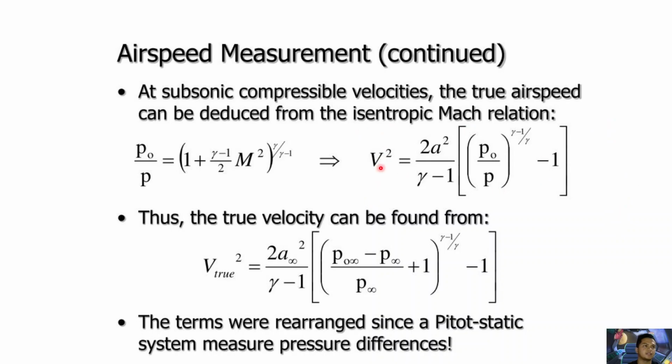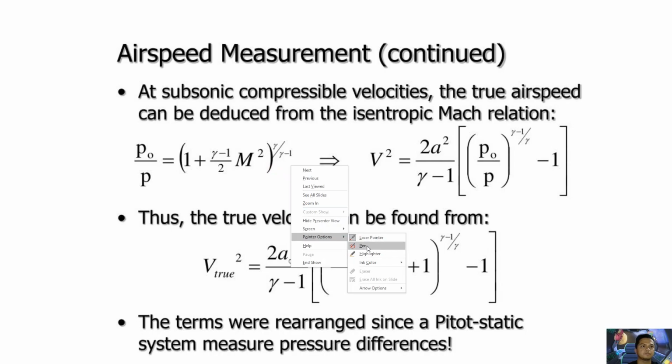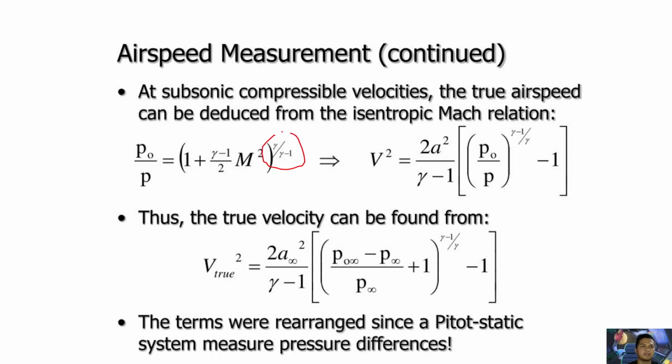So, how did we get that? Simply, we removed this exponent and moved it to P sub O over P. So, we have this parameter. Next, we moved the 1 to the other side of the equation, which is why it became negative 1, in brackets. Why the bracket? Because the M squared comes with k minus 1 over 2.